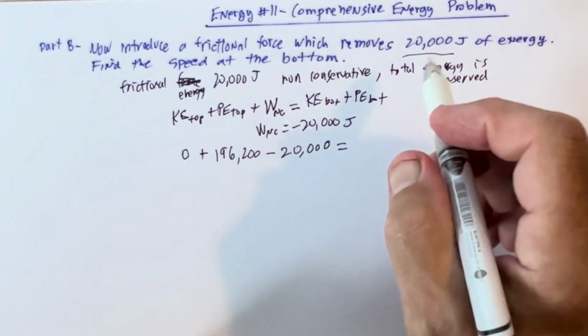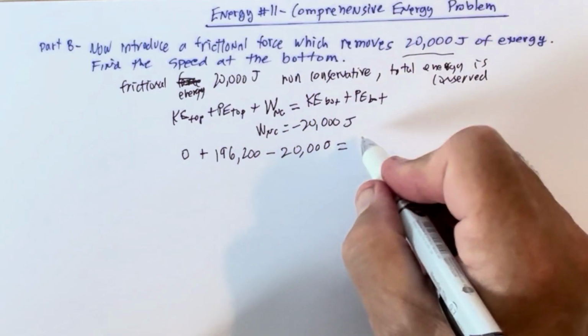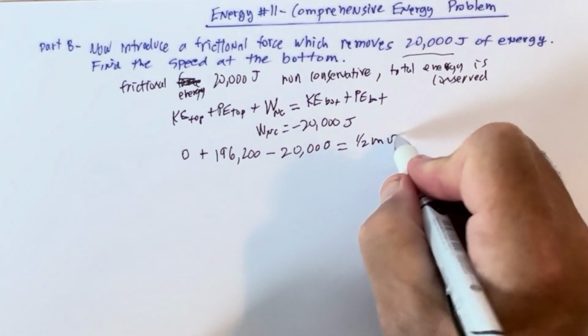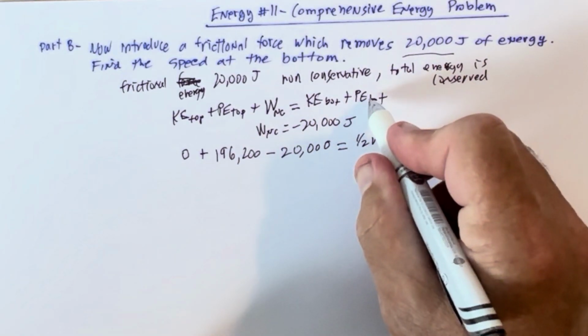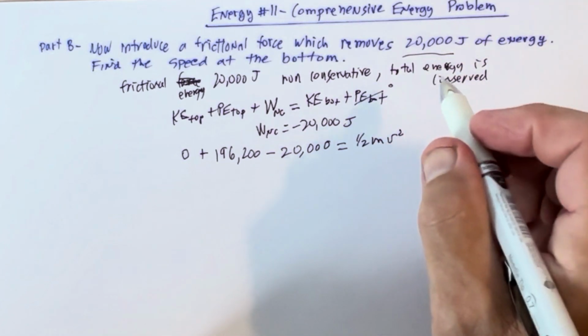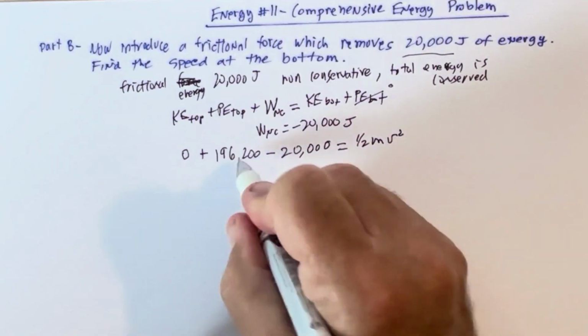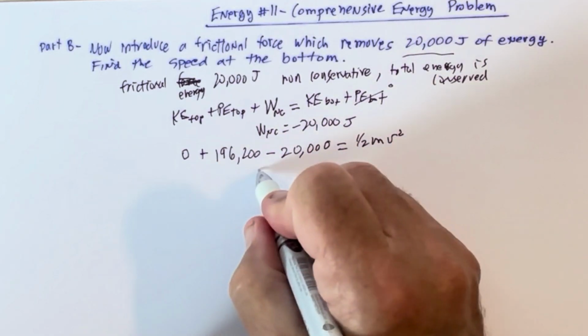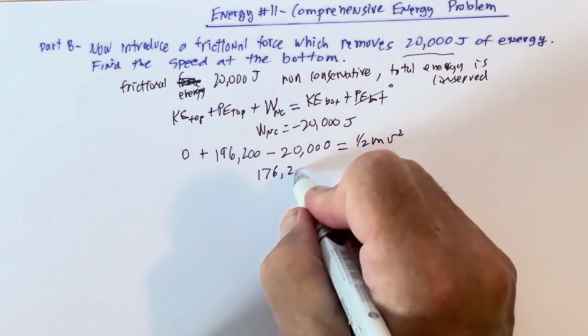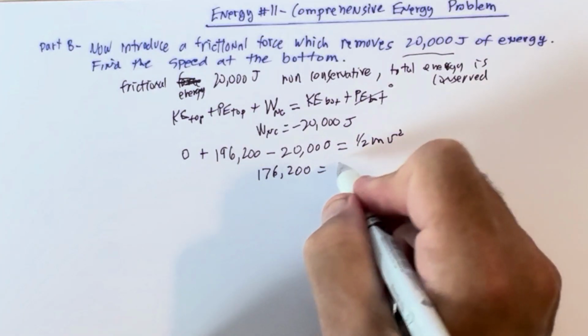That's going to be equal to the kinetic energy at the bottom, which is 1/2 m v squared, plus the potential energy at the bottom, which goes to 0. So now there's our equation. Subtracting these two numbers and adding 0, we get 176,200. That's the number of joules.